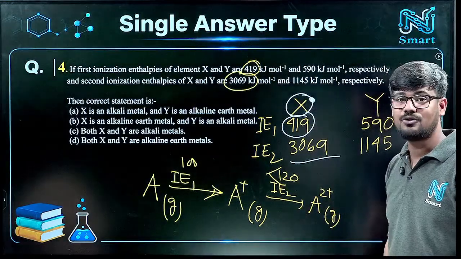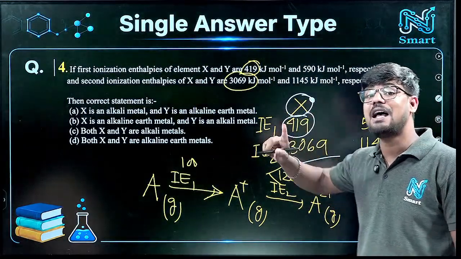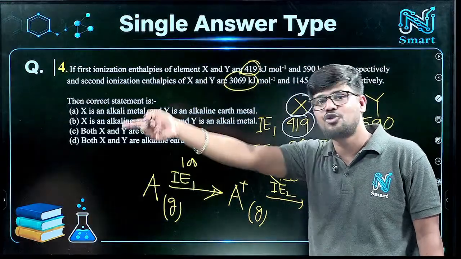Only one valence electron means only one electron is available in the outermost shell.